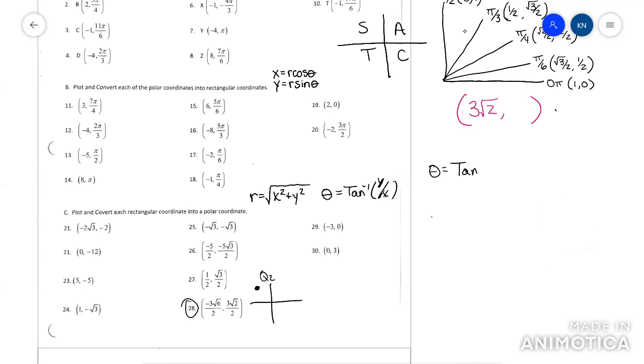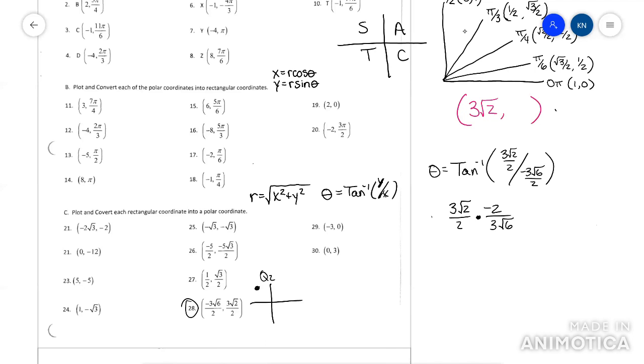Inverse tan of the y over the x. Now you're going to need to simplify this first. So what you have is 3 root 2 over 2 divided by, I like to put times and flip this bottom fraction. So it'd be 2 over 3 root 6, but it's negative.